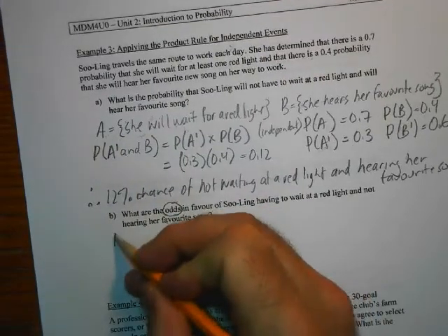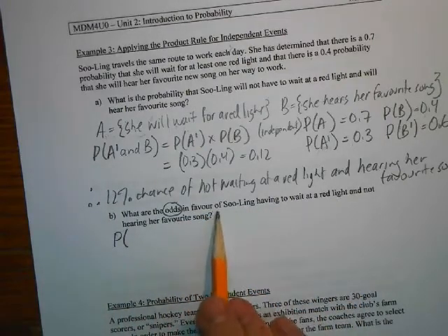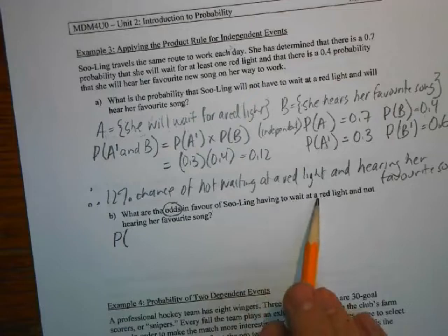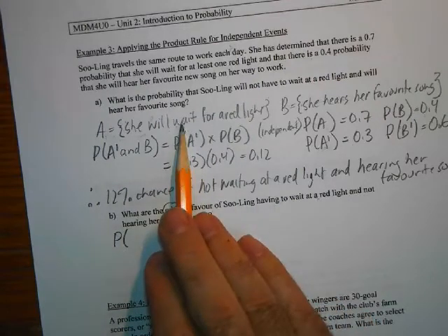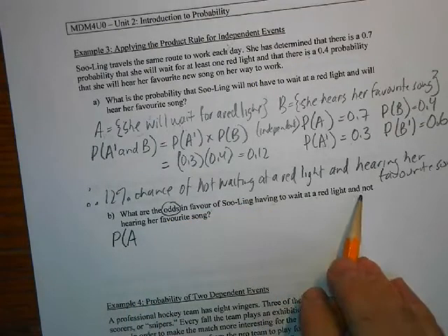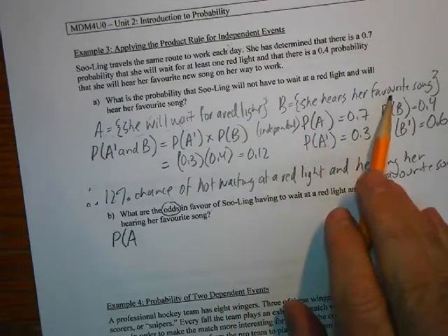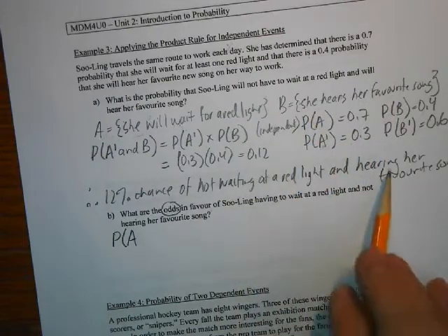So in this case, if I'm talking about the probability of this, it's Su Ling has to wait at a red light. So that is event A. So probability of A, and not hearing her favorite song. Remember, B was she hears her favorite song. So in this case, it's the B complement.